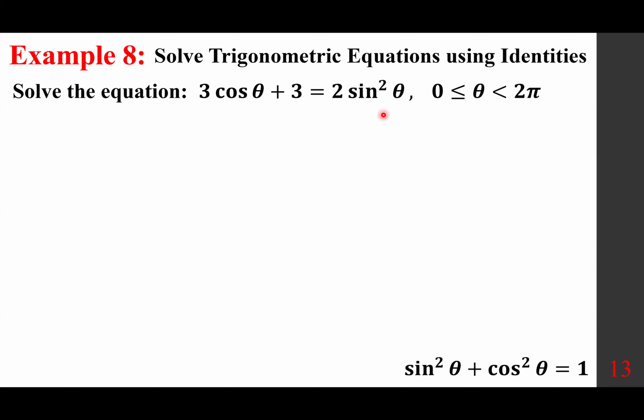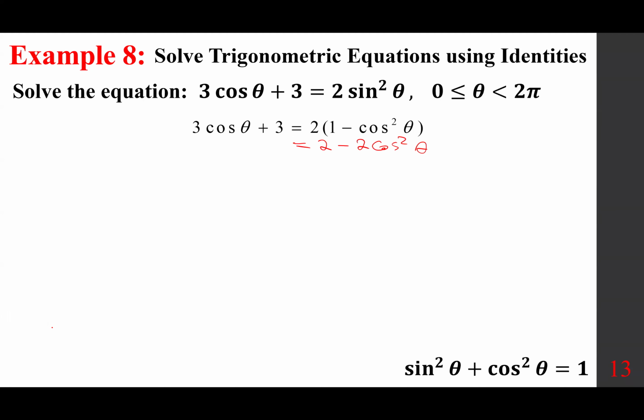Well, since this is cosine, of course, sine squared plus cosine squared is 1. We're going to change the sine squared to 1 minus cosine squared. Two times sine squared is 2 times 1 minus cosine squared. So on the right side we distribute the 2, and get 2 minus 2 cosine squared.